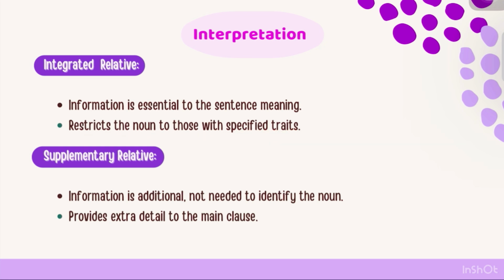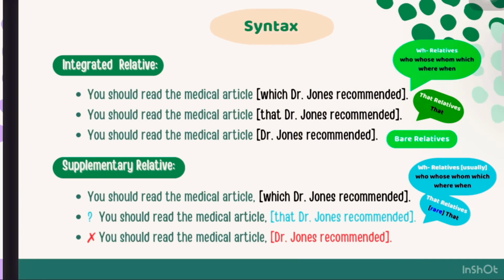And for supplementary relative, it just tells us more information, so the information is additional and there is no need to identify the noun, and it provides extra detail to the main clause, like adding side comments.